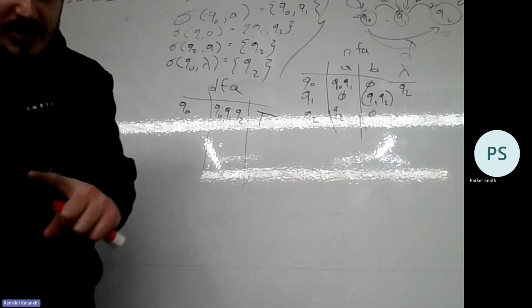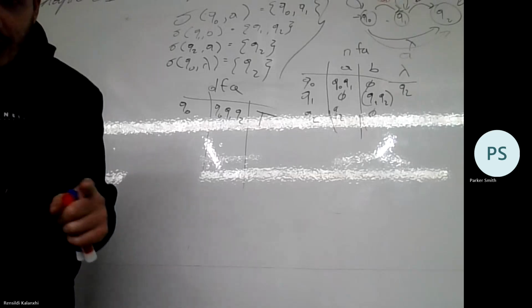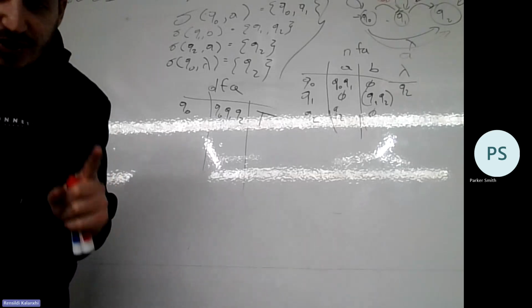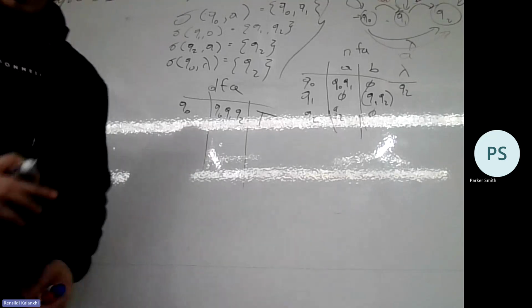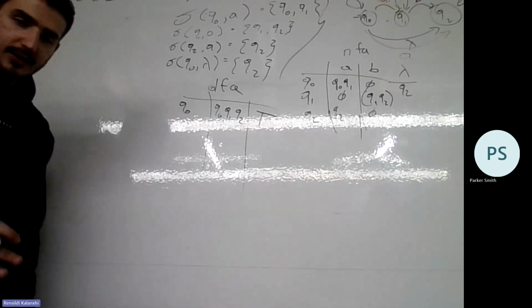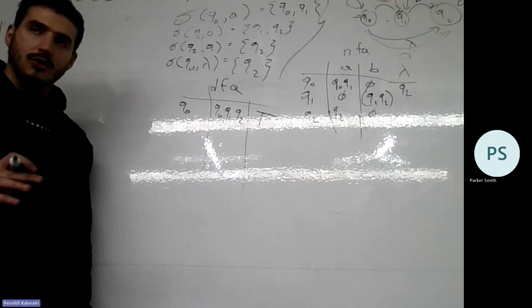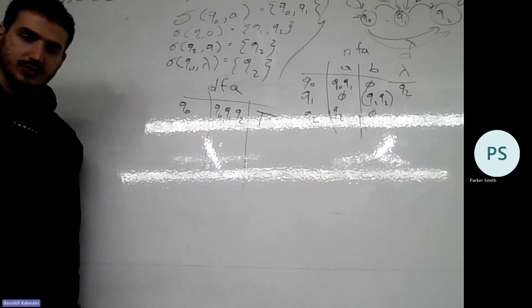The reason that cannot be is because I don't think we are changing the transitions. Okay, let me rephrase it. I don't think we're adding or removing more transitions, right? We're keeping the transitions the same.